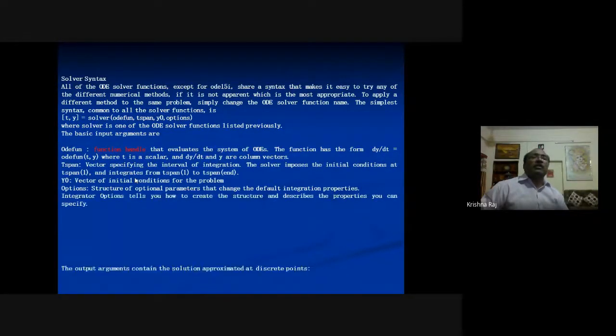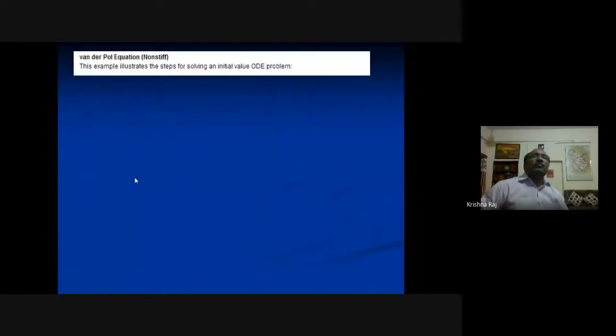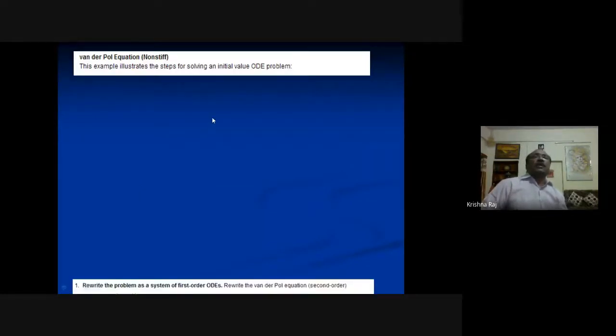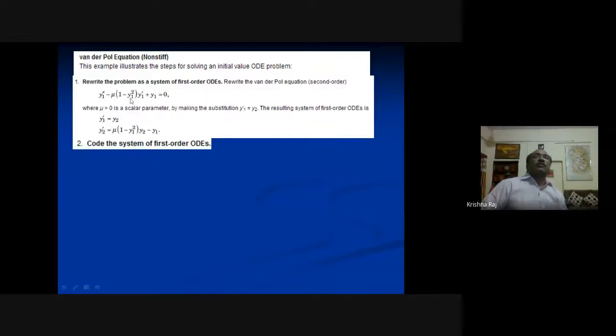And now suppose we are moving to a problem of the van der Pol equation, which is a non-stiff differential equation. This is the equation here, and first we will rewrite the equation in this form. This equation will be solved for different values, mu equal to 1 and mu equal to 1000.